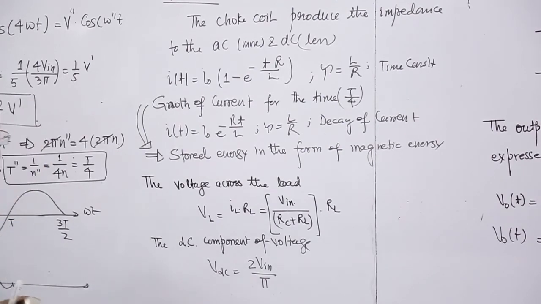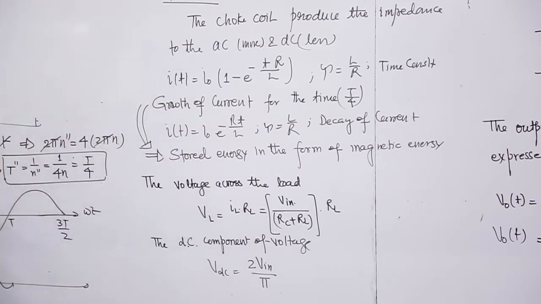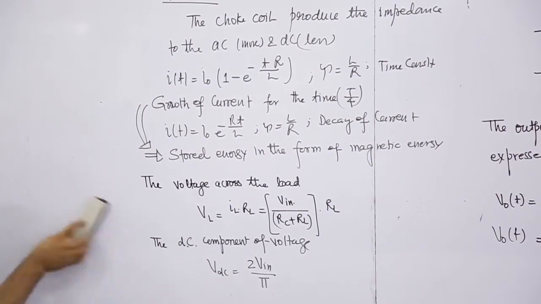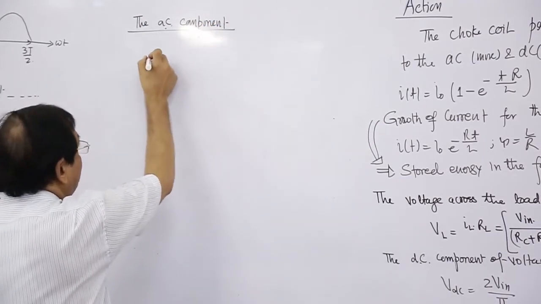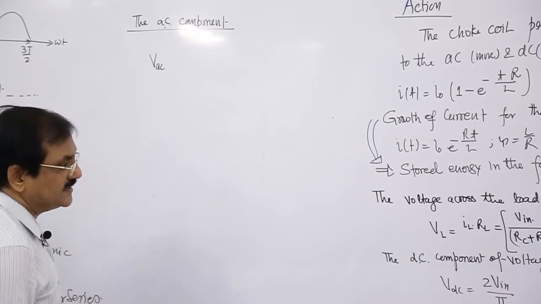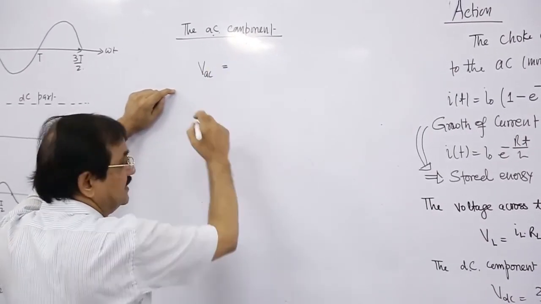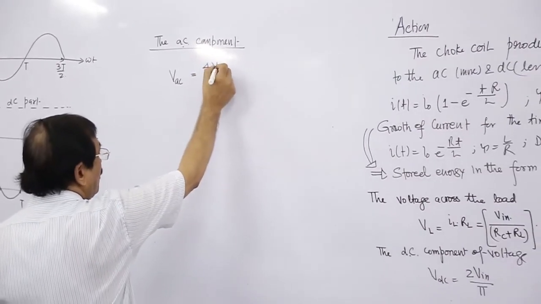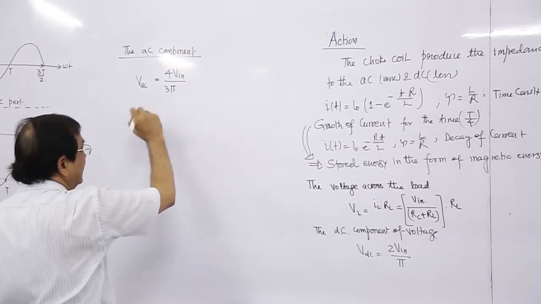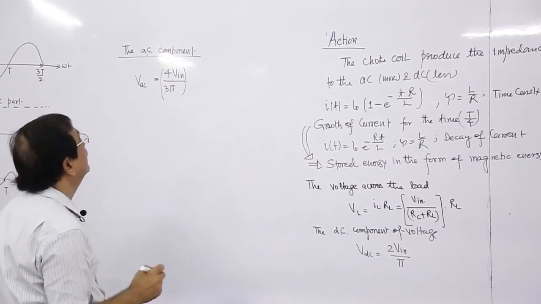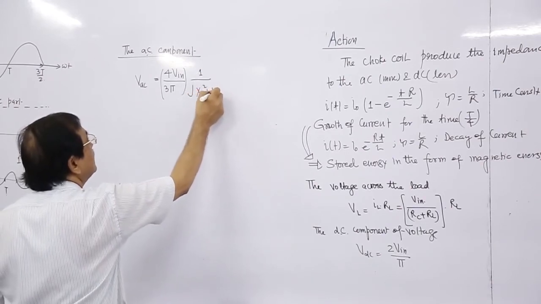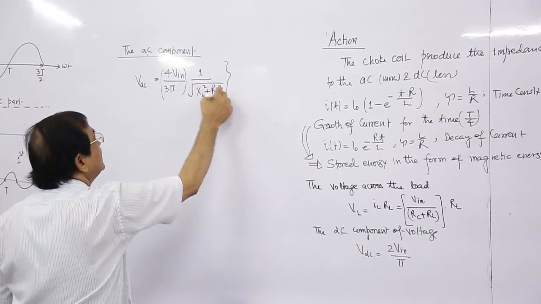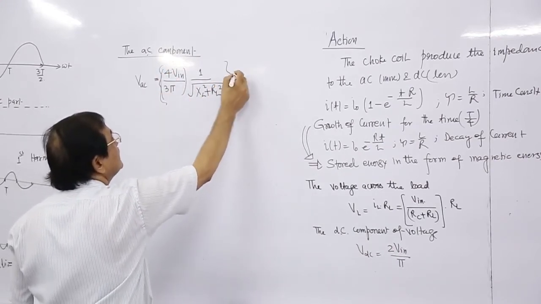And the AC component, VAC, is 4 VIN upon 3 pi, the magnitude, divided by the square root of XL square plus RL square, into RL.